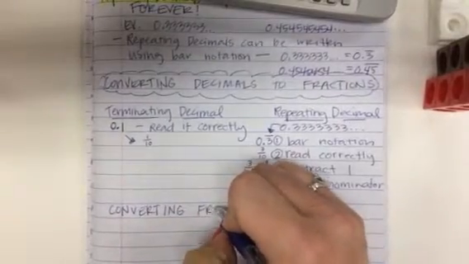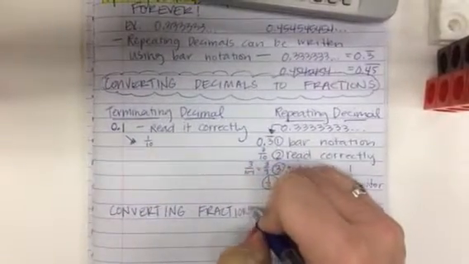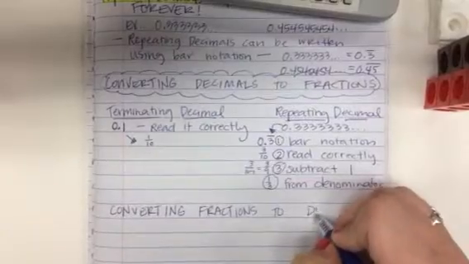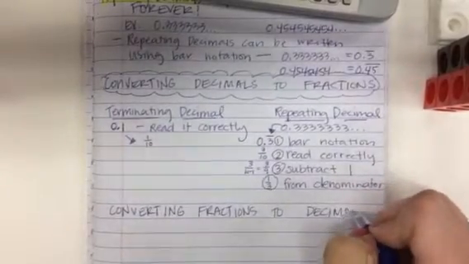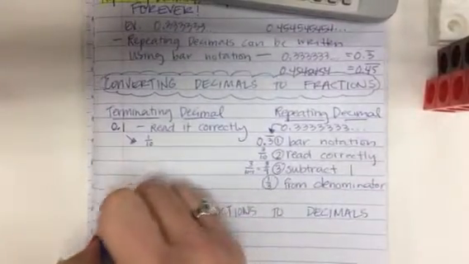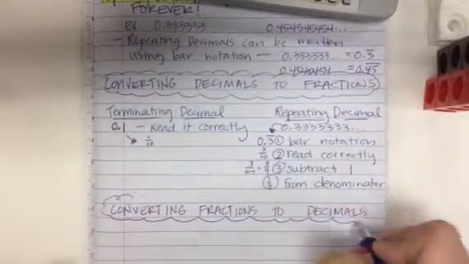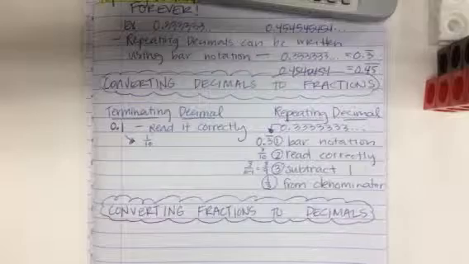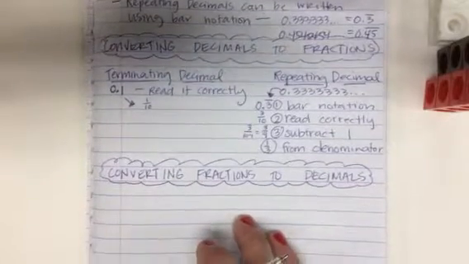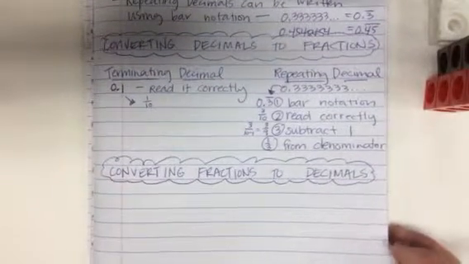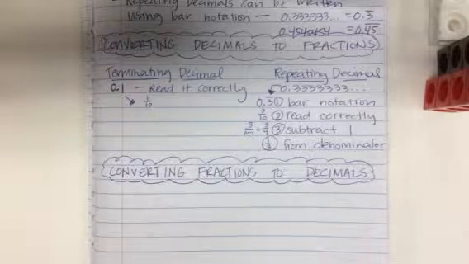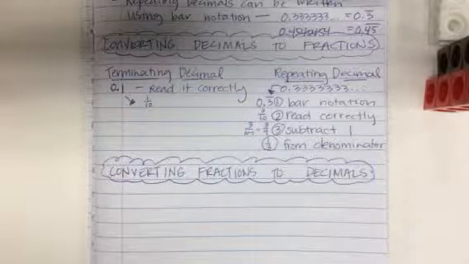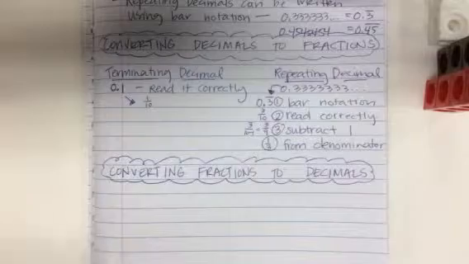Fractions to decimals. Converting fractions to decimals. This is like if I gave you your homework back and you got 8 out of 10 right, the fraction 8/10 is on your paper. Kids are always like, what grade did I get?